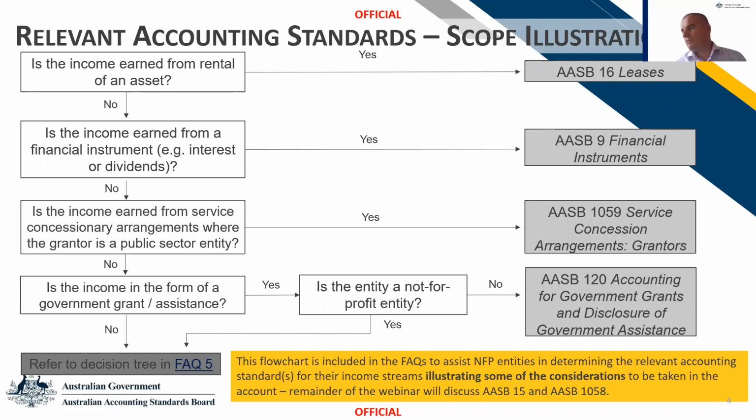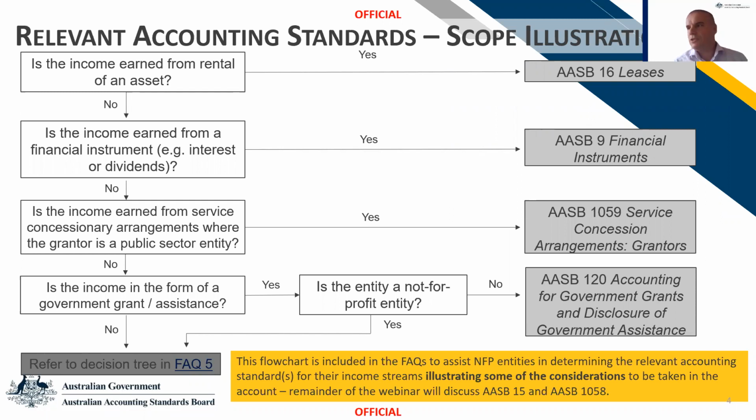This flowchart is not provided to assist with accounting per se, but to illustrate what considerations entities can take into account when determining which standard is applicable. Obviously, the flowchart is also not exhaustive. For example, if an entity had insurance contracts, then it would apply the applicable insurance accounting standard.